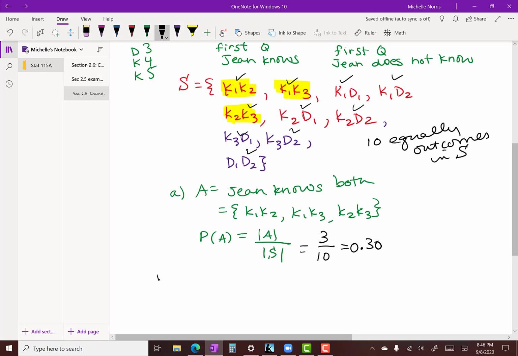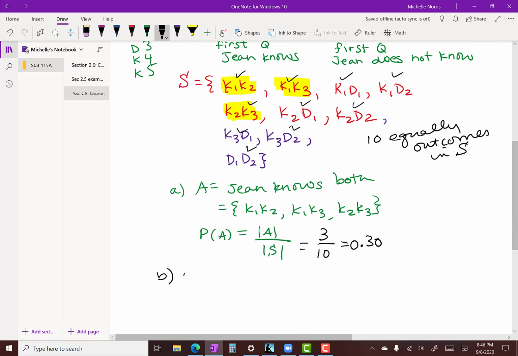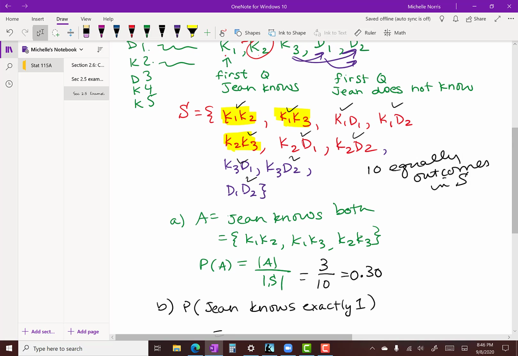Part B was the probability she knows exactly 1. So if we go back to the sample space, we can figure out what outcomes are in the event she knows exactly 1. I'm going to circle the outcomes where she knows exactly 1.